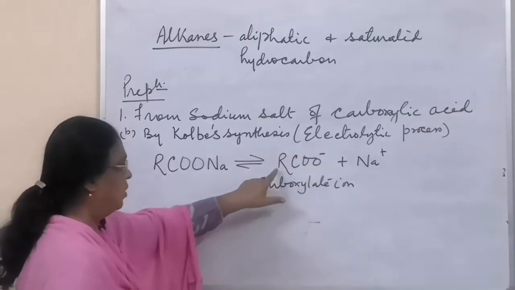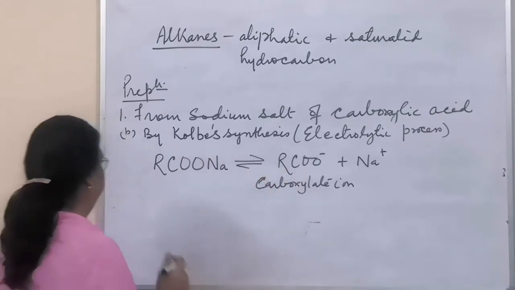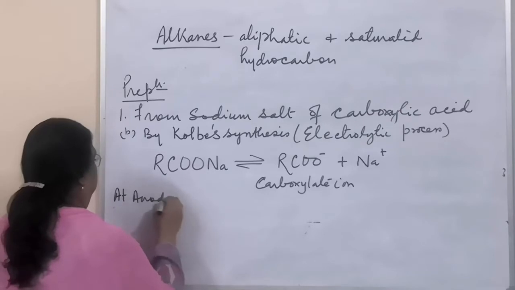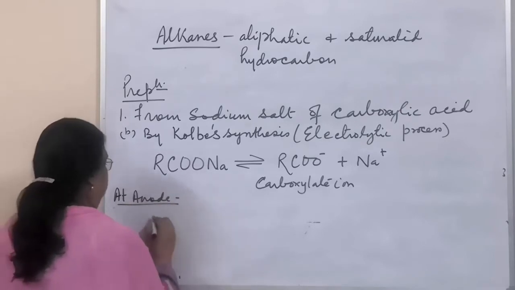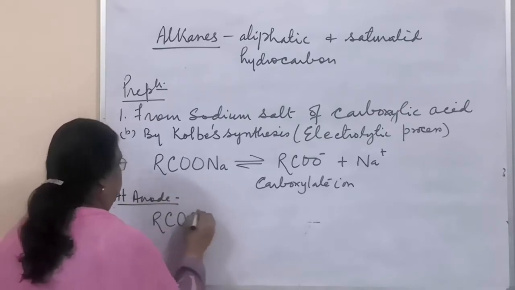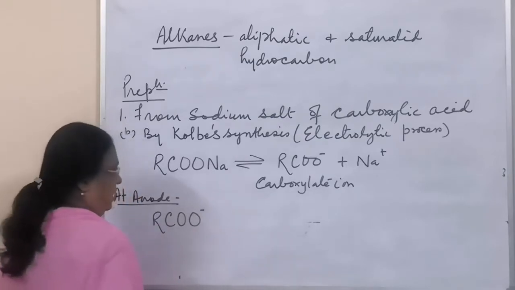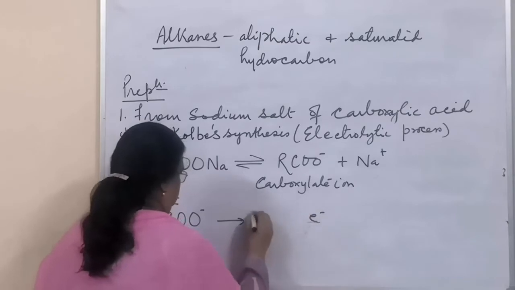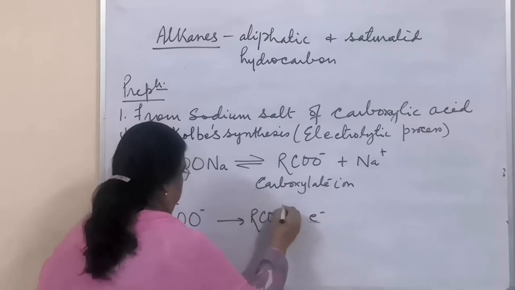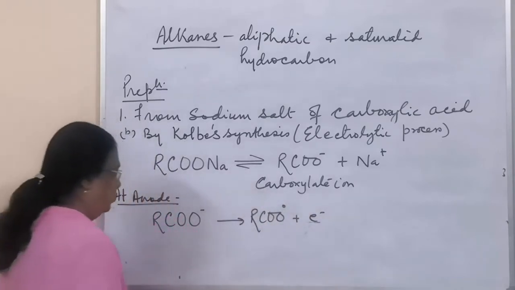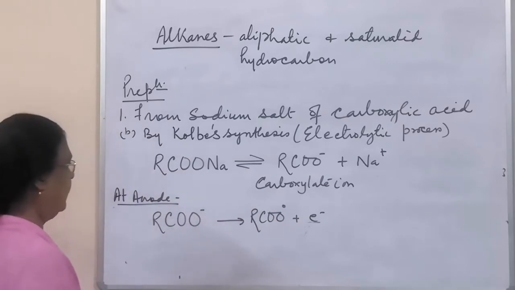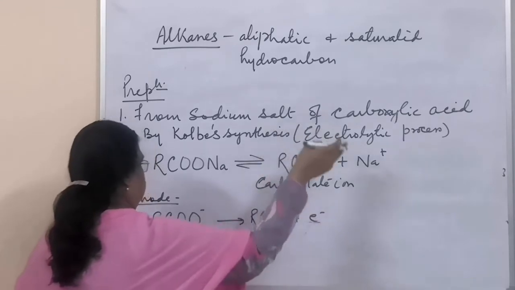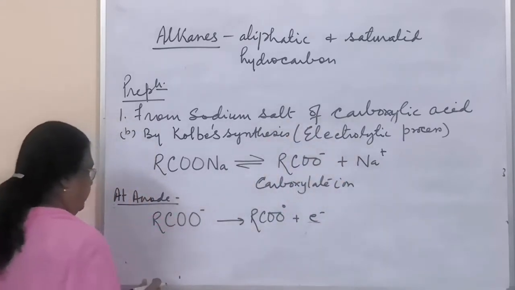Our aim is to get the organic part, so we look at the reaction at the anode. Here the carboxylate ion loses one electron and turns into a neutral carboxylate molecule.